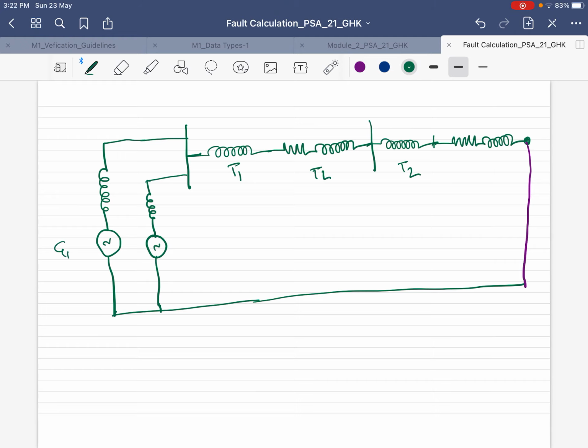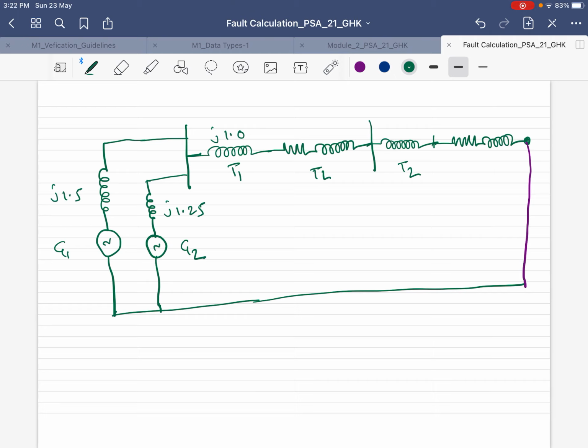Then this is our generator G1, it is Z2. Just go on writing the new base quantity, the per unit quantities that you calculated. It is j1.5, it is j1.25. You already calculated these. For the transformer it is j1.0.